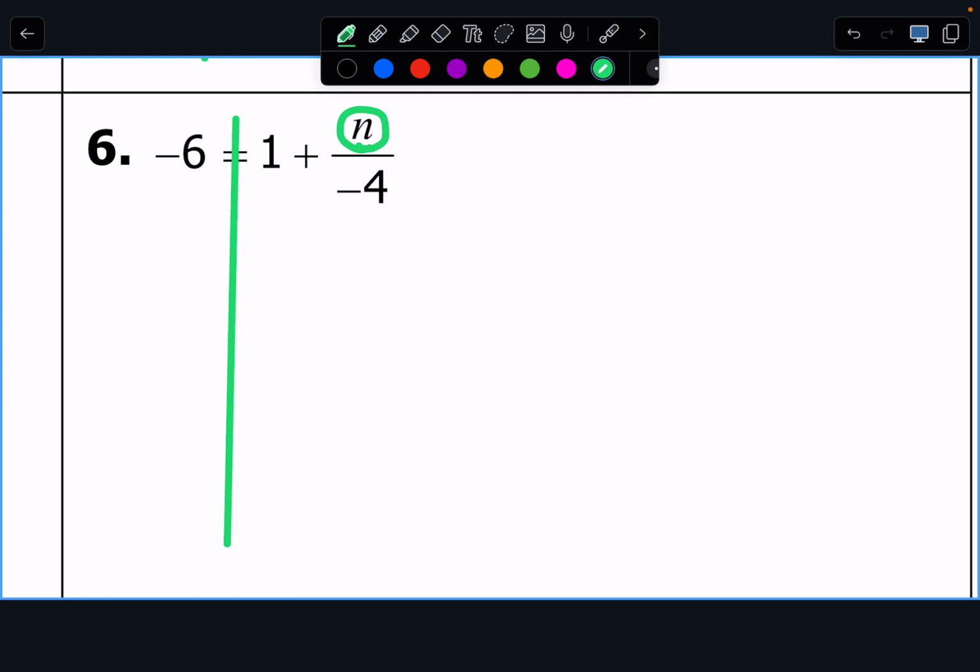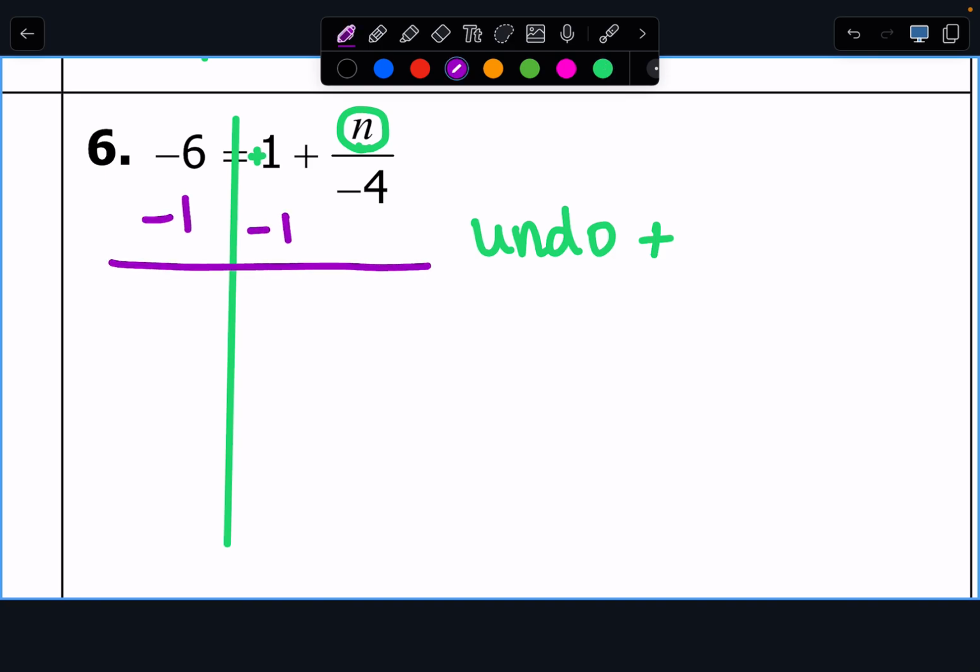Is 1 being added or subtracted? It's being added because there's an imaginary plus in front of it. Which means to undo addition, we need to subtract 1 from both sides. I did it wrong. That's okay. We make mistakes, then we learn from them. Remember, happy mistakes, just like Bob Ross.